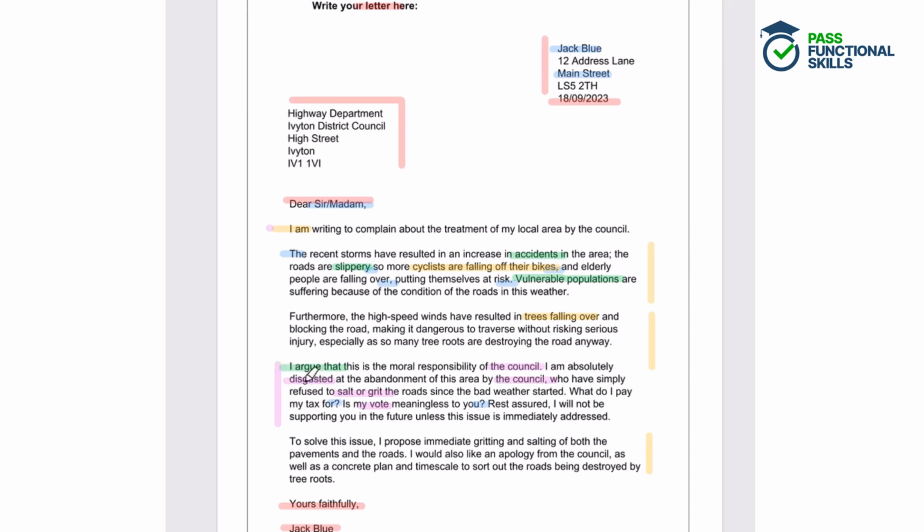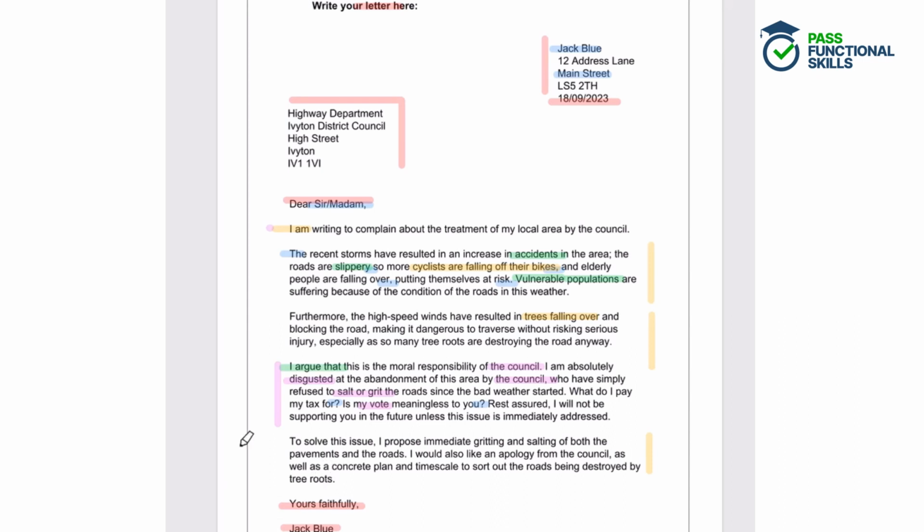And then we have this paragraph giving the opinion that the council should be helping, should be acting within the community because they are receiving funds from the community and the community voted for them. And then we have some ideas about how issues could be resolved. So all of that flows in a really logical way, addressing the problems, saying that something should be done, and then explaining what should be done.